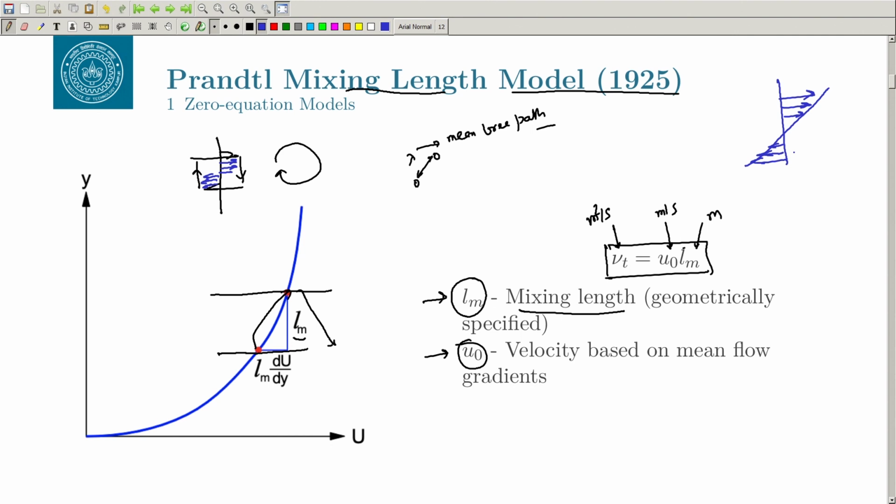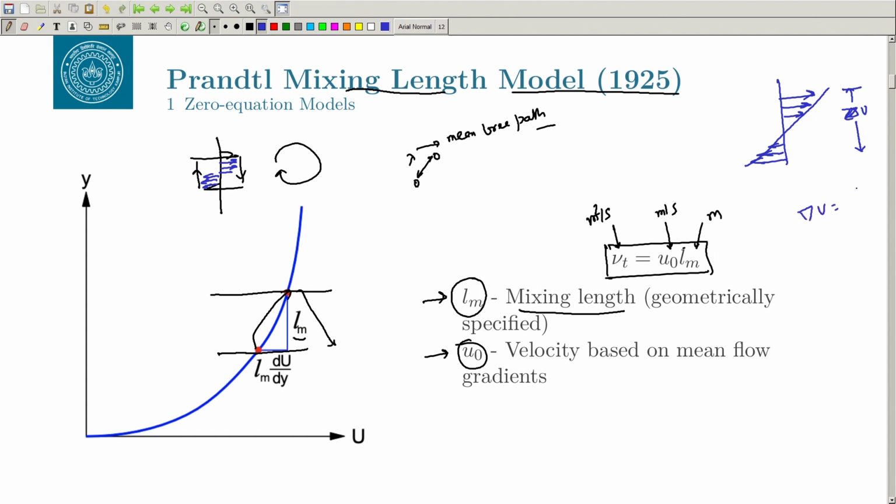His argument was that instead of talking about a velocity, we can talk about the velocity difference, which is the delta u here. If you can find out the velocity difference across this layer, which is L_M, the mixing length, then we can specify the velocity. So, what is the best way to specify this delta u?